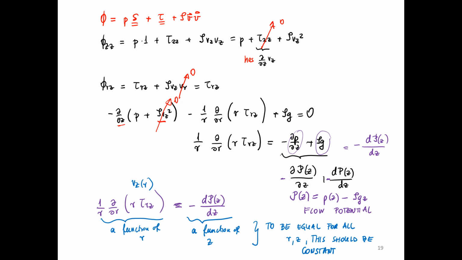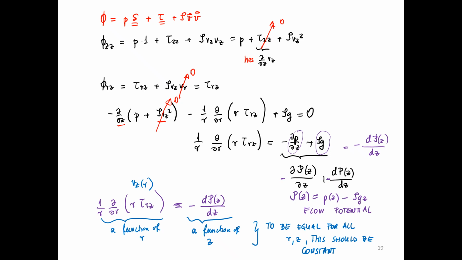For those two functions to be equal, they essentially have to be constant. It cannot depend either on R or Z because I wouldn't have them be equal. Okay? So this is almost like a mathematical trick of sorts, so you have to look for it. So to be equal, they have to be equal to a constant. And then I basically assume that this is a constant and solve them separately.